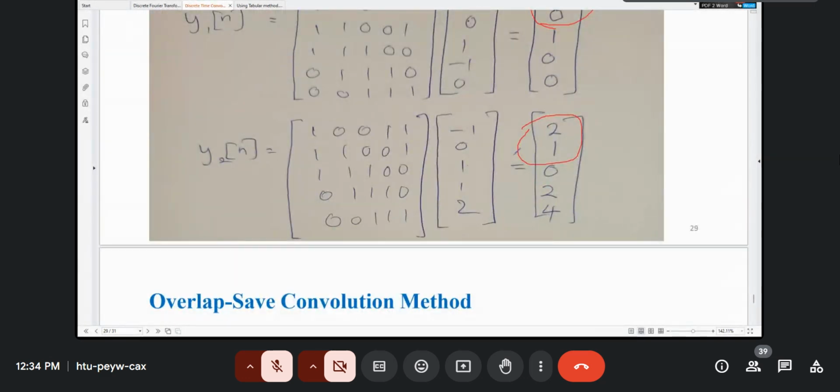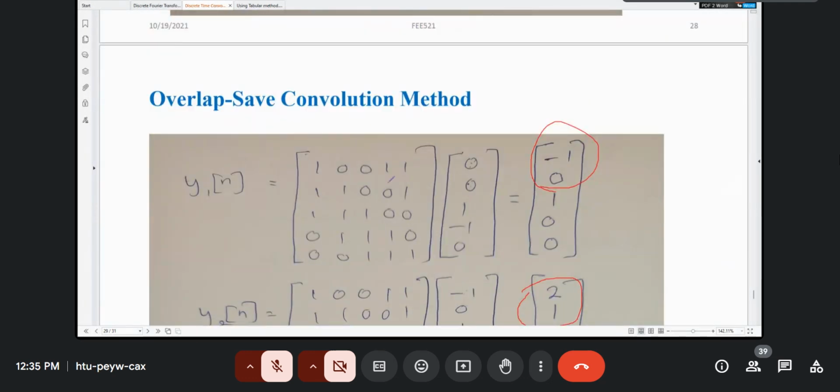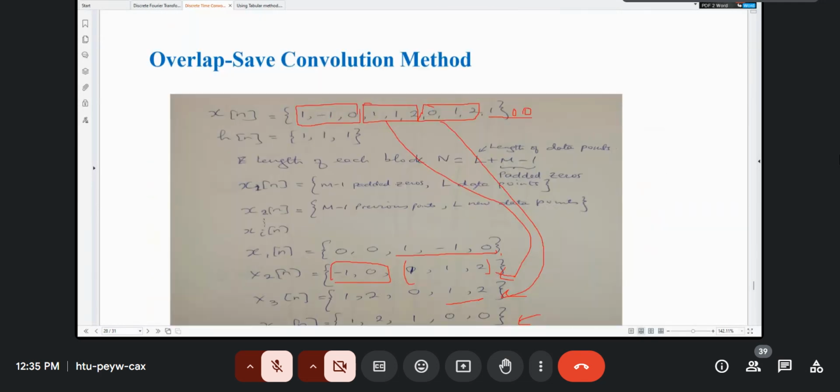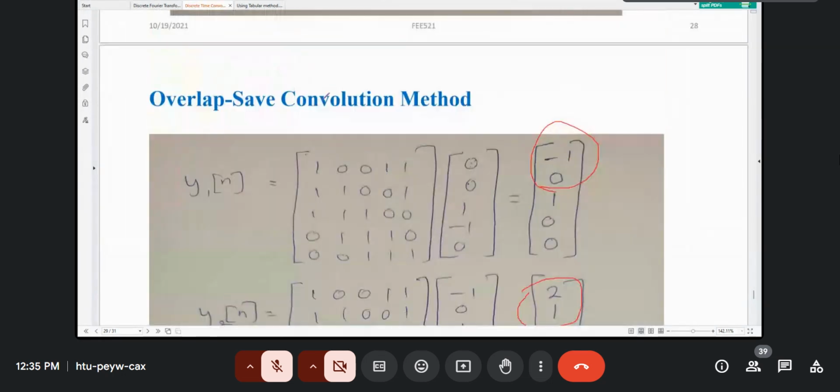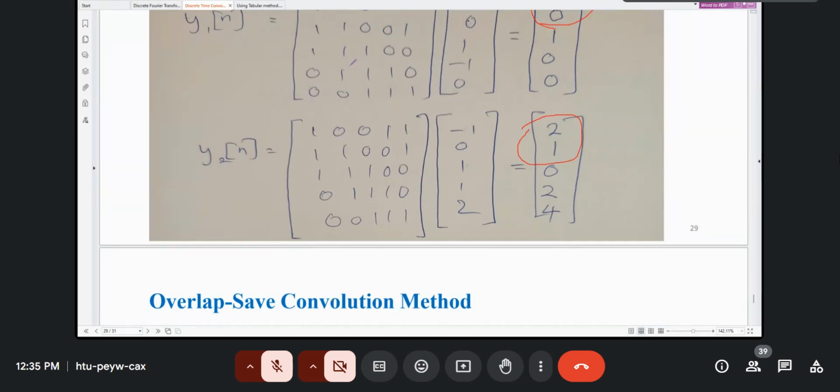Now, once we get those sequences, you simply use the circular convolution method. You know how we do the circular convolution? You play around with one of the sequences. Here we just play around with the same sequence. You could also have done that with this and then multiplied with this, but then your matrix will keep on varying.